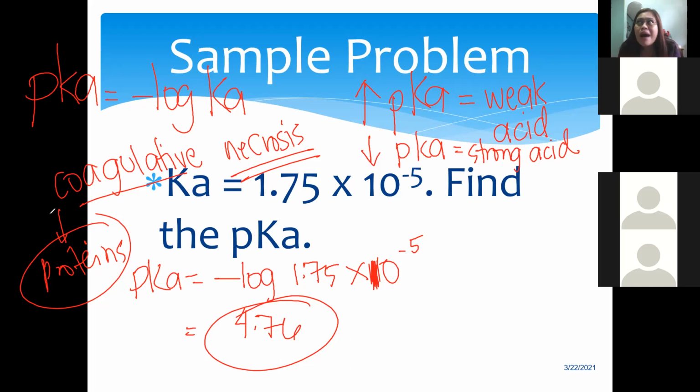So let me give you an example. Example, our stomach. Ato ang stomach class is made up of gastric juice na most likely ang component is hydrochloric acid. So the acid class nga naa sa atong stomach is a very strong one. So most of the time the pH of our stomach is naa sa 2. Okay, so that's how strong the acid is na nasa atong stomach na it is able to digest the food that we eat. Okay?